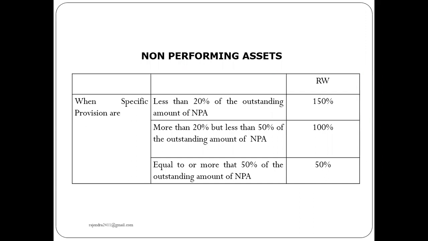And NPA accounts have 3 risk weights. They will ask how many risk weights are there for NPA accounts? You have to tell only 3 risk weights. First is the provision.